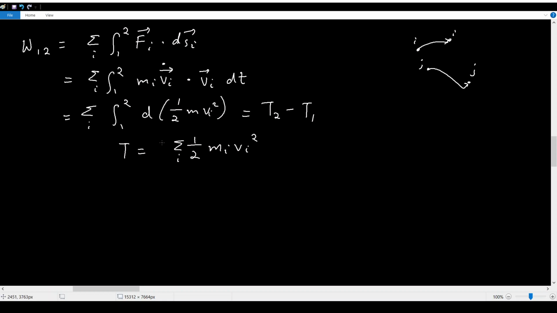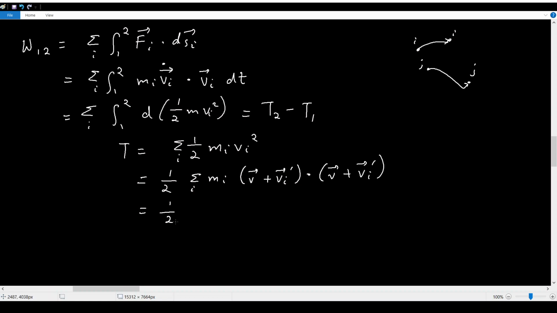Okay, so let us, before proceeding further, write the kinetic energy in terms of center of mass quantities. Let us do what we just did before for the angular momentum. Let me just take half outside. We have mi here. vi squared is vi dot vi, and vi was v plus vi prime, center of mass, plus the position of the particle in the center of mass frame.